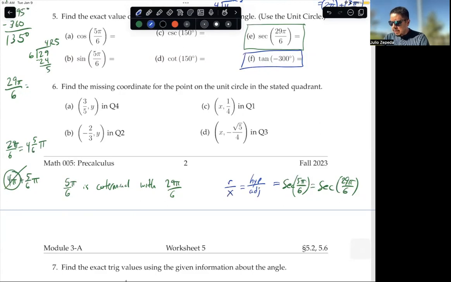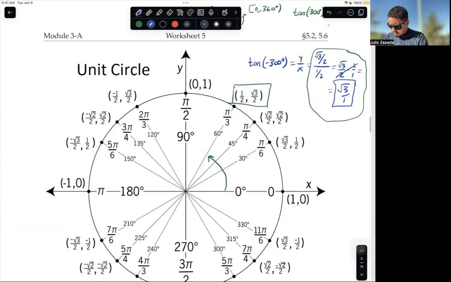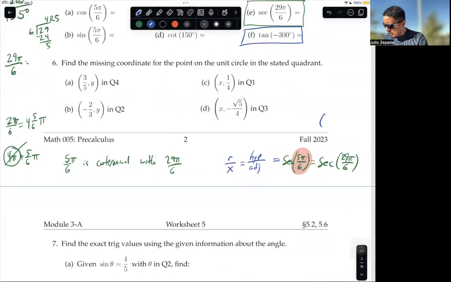And so let's go find 5 pi over 6, this angle on the unit circle. So this is the associated point. Negative square root 3 over 2, comma 1/2. I'll write it here, negative square root 3 over 2, comma 1/2.